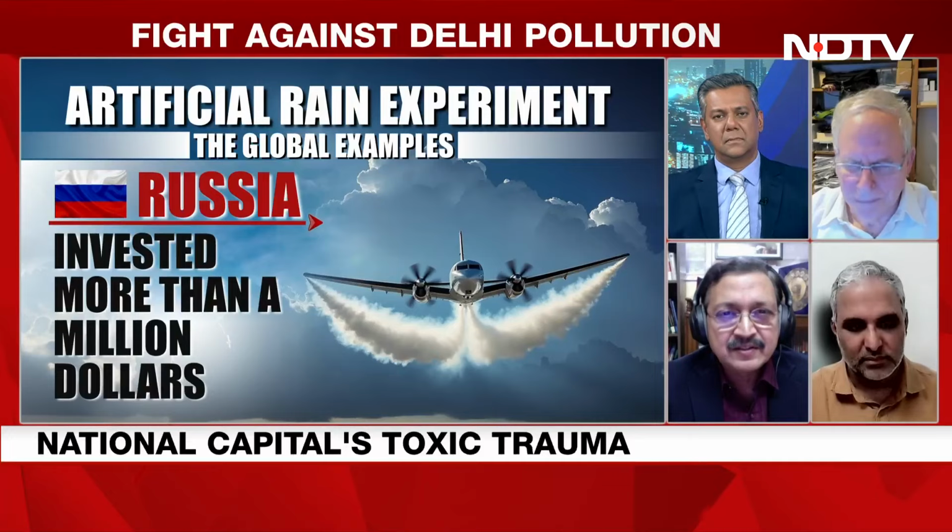Having said that, I would like to add here that mitigating pollution is a very long haul. It's not only true of India, it's true of the US, the UK, Europe, and China, which is the latest success story.